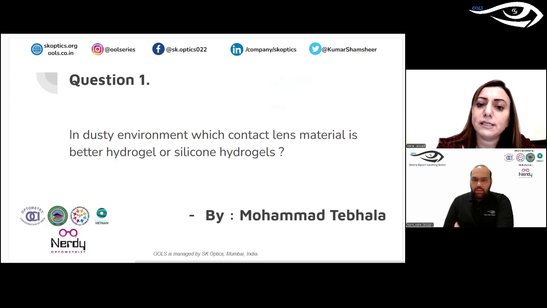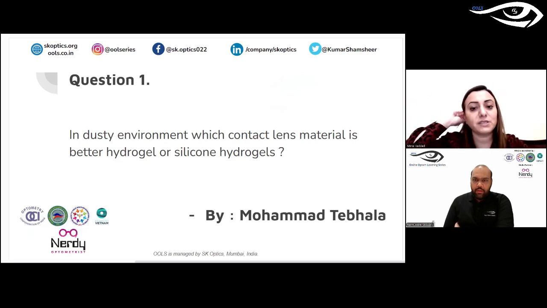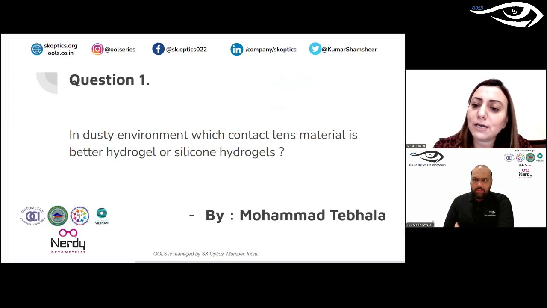Well, usually in a dusty environment, we don't recommend wearing contact lenses, but sometimes you are wearing them and you come across a dusty environment. Now, it is well known that silicone hydrogels are less prone to deposits than hydrogel contact lenses. But otherwise, you can just wear protective eyeglasses.